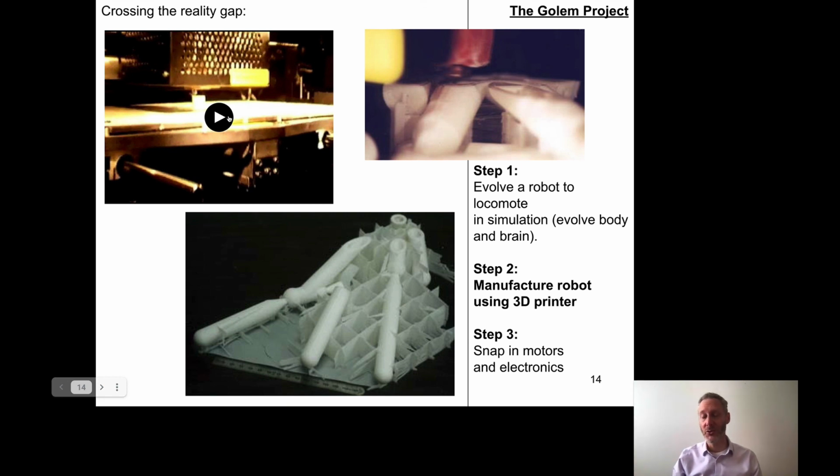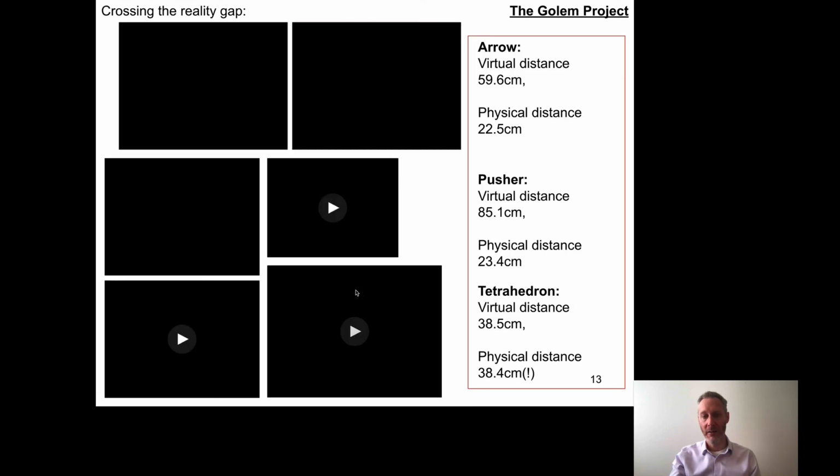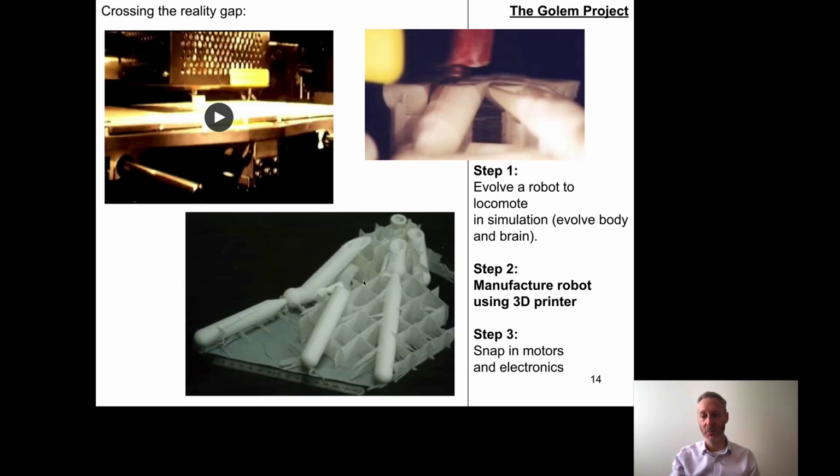This is a common way. This was the way to do 3D printing back in the day. There are now many different ways to 3D print various structures. You'll notice here you can see some snapshots partway through the 3D printing of, I think, the pusher. Yes, this is the pusher.